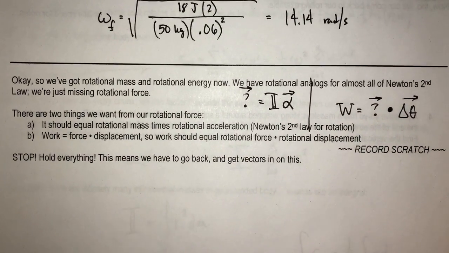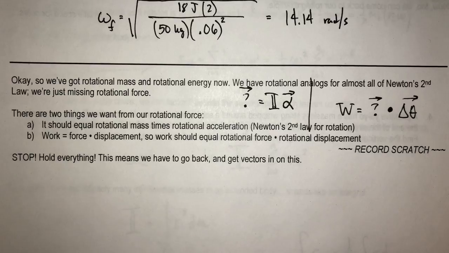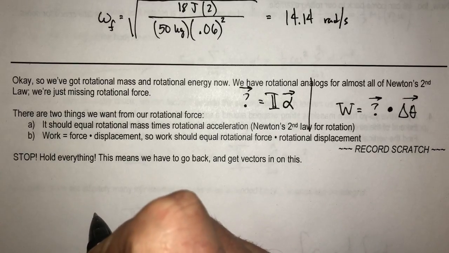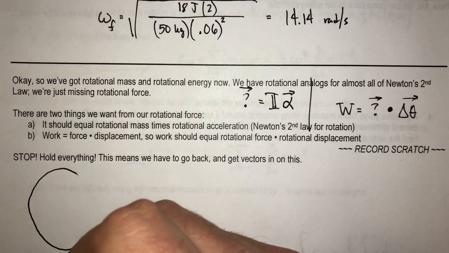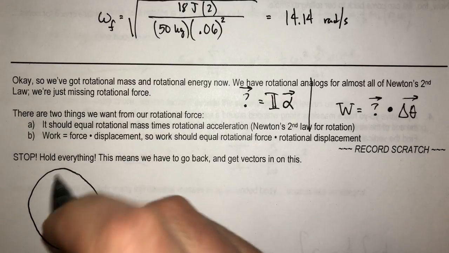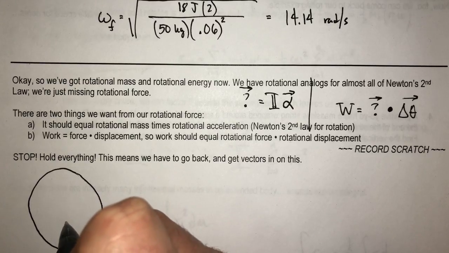So we've got to go back to the drawing board and fold in the vector ingredient that our batter is still missing in order to bake this rotational pie. So, I'd like us to think again about a simple circle and some small rigid object that rotates around the circle, like, for example, the second hand of a clock face.